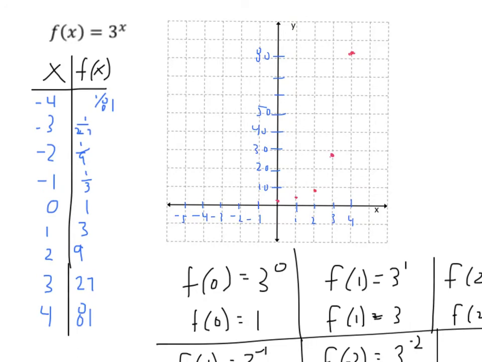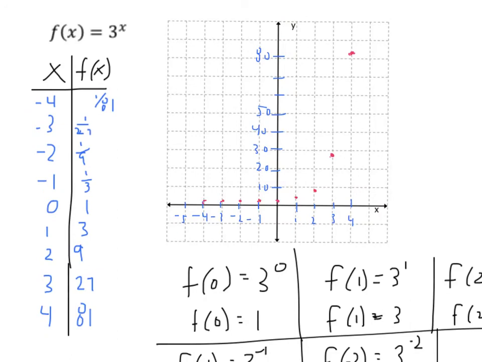On the other side, I have input of -1, and then a third. That's really small, somewhere over there. -2 gives 1/9, which is somewhere here. -3 is 1 over 27, a really small fraction down here. -4 is 1 over 81, a super small fraction down there.